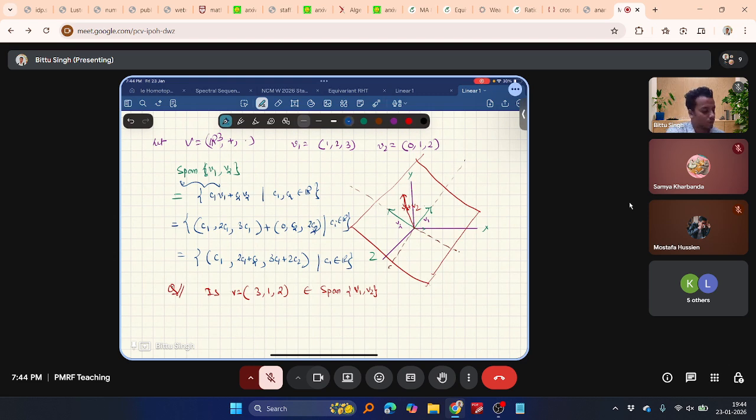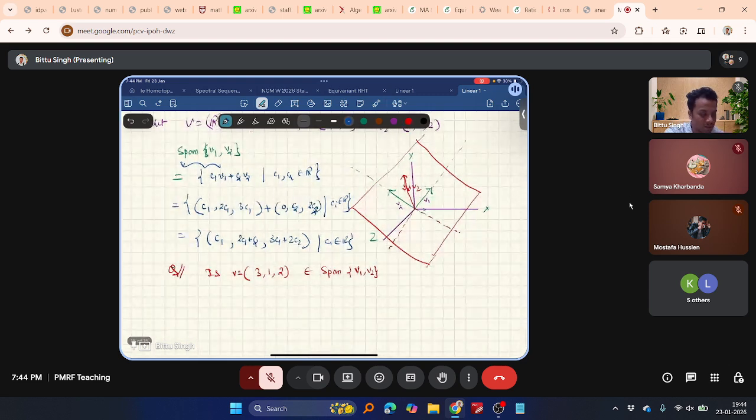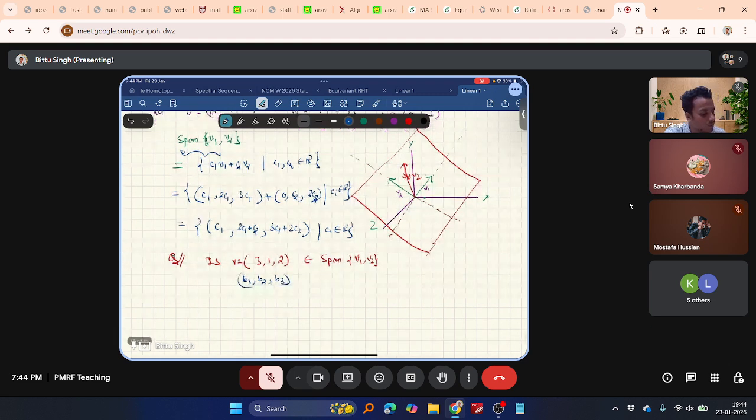So let me say the general way to solve this kind of problem. Instead of this vector, let us consider a general element (b1, b2, b3). Does (b1, b2, b3) belong to this spanning set or not?